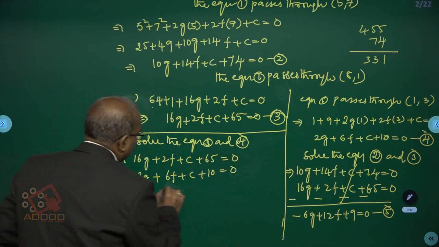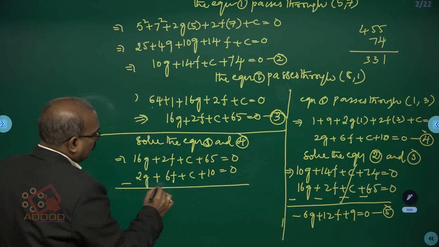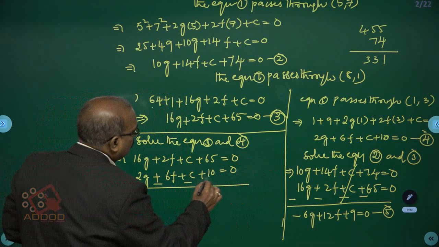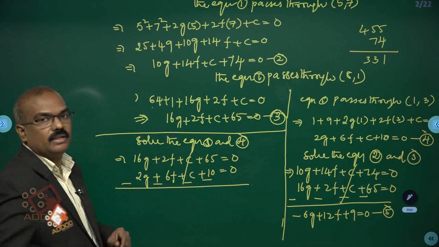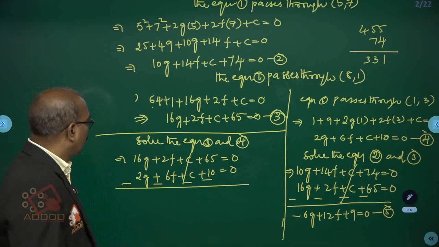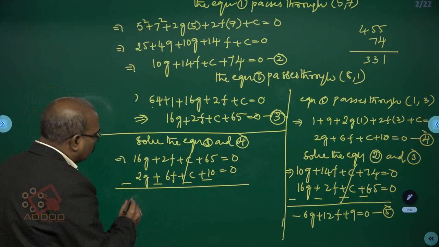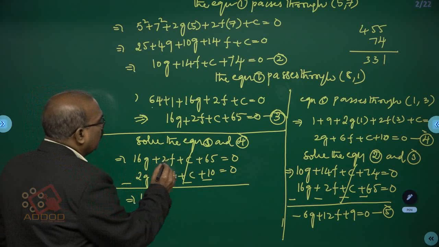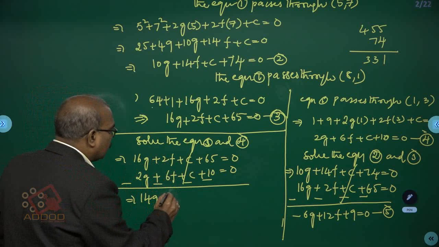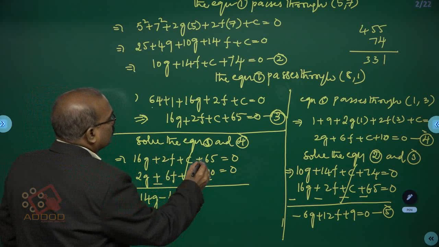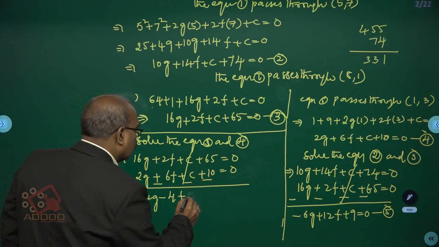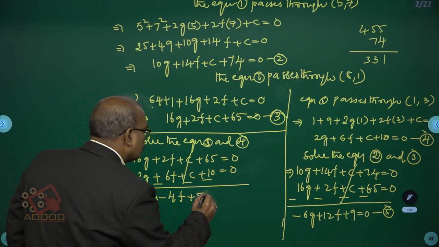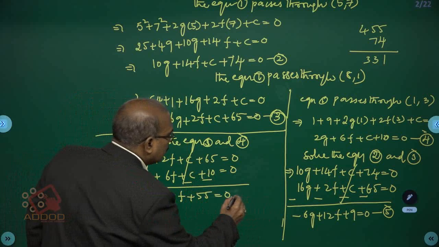Now subtract, so plus c and minus c get cancelled. Here 16g minus 2g is 14g, 2f minus 6f is minus 4f, and 65 minus 10 is plus 55, is equal to 0. So that is equation 6.